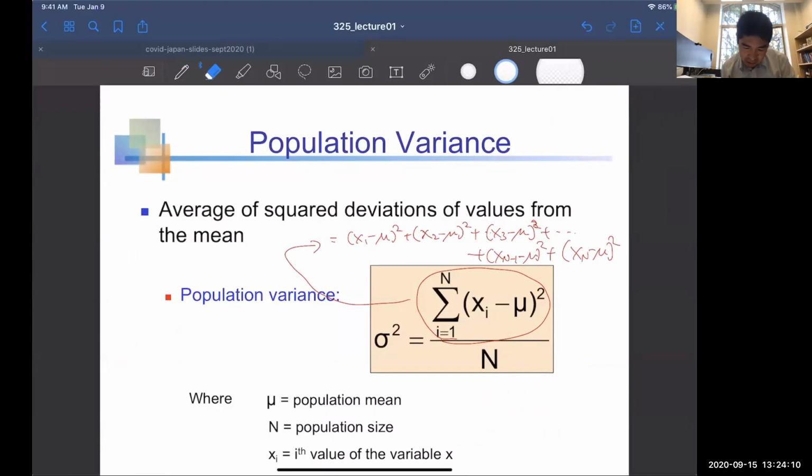The quadratic measure, in order to measure the spread, you somehow have to measure the deviation from the center. The spread is about how far, on average, each observation is going to be away from the center.